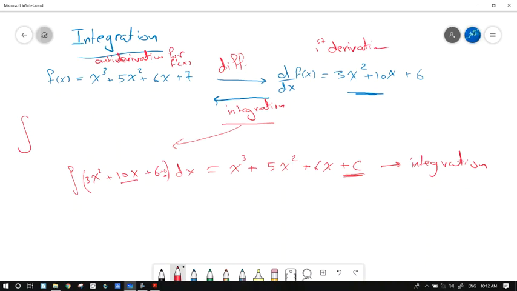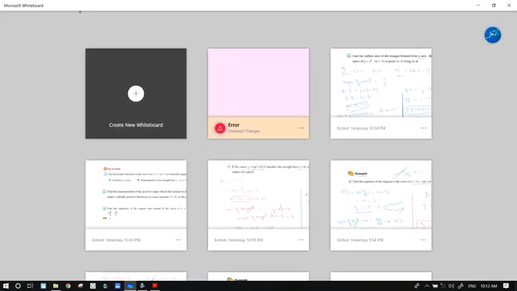So we will put two main rules to find this antiderivative, or to make an integration process. The first rule. Let's move to another page.